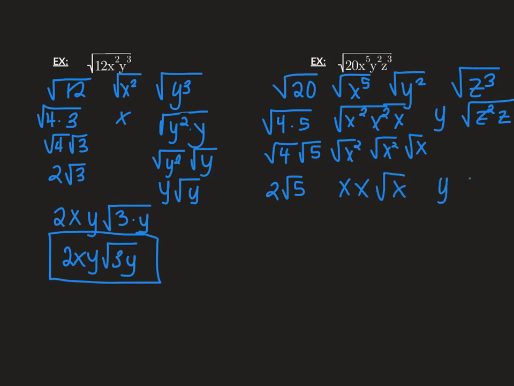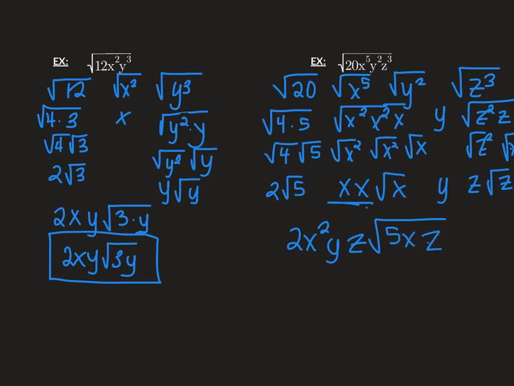I can pull out a z, and I'm left with a z on the inside. Okay, now remember I'm going to multiply outside by outside, inside by inside. So I have 2x squared, because there's 2 of them, y, z, and left inside is 5x, z.